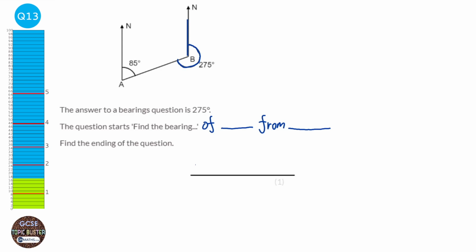So we currently are at B, and we're looking at the angle of A. So it is find the bearing of A from B would be the question.